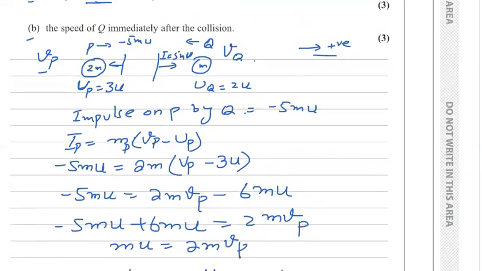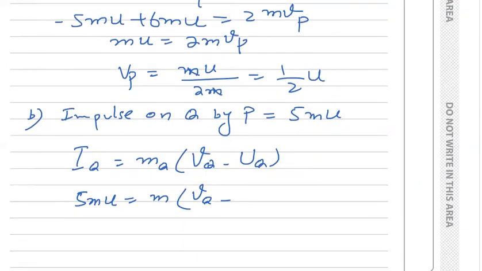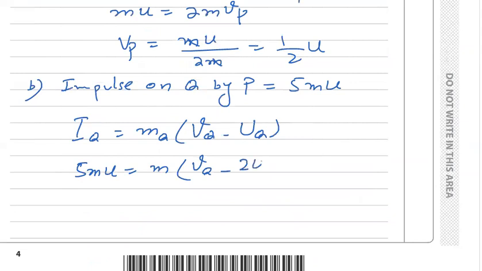The initial velocity of Q was given as 2u. And from here we can calculate Vq easily. So 5mu is equal to m Vq minus 2mu.